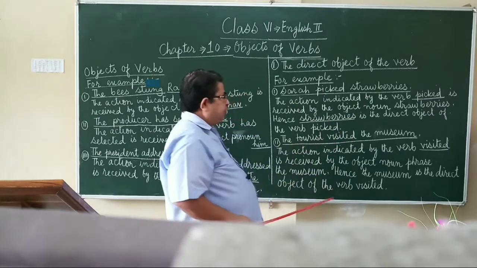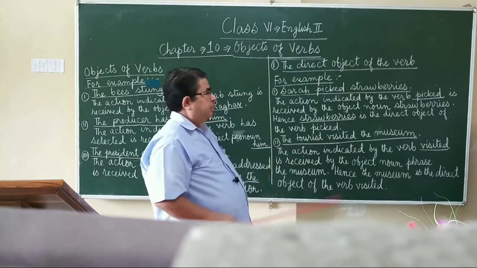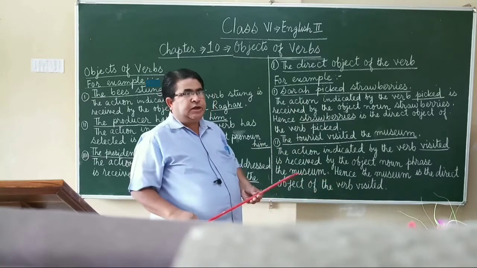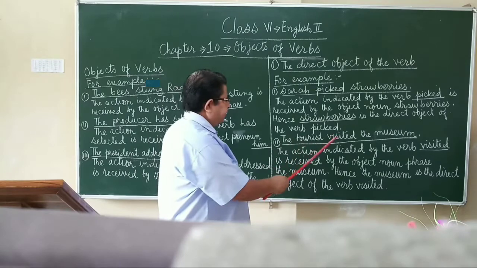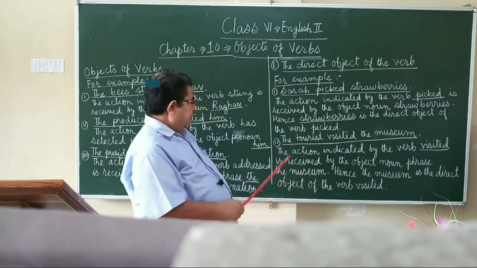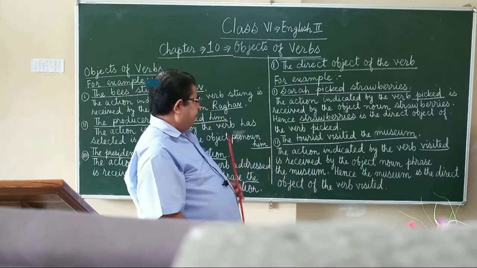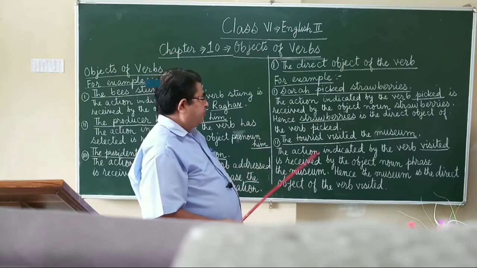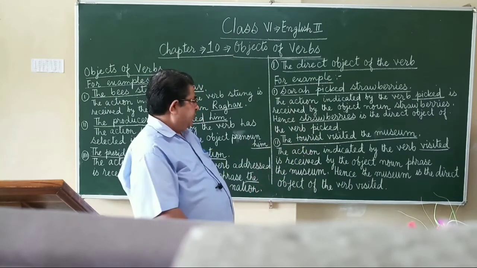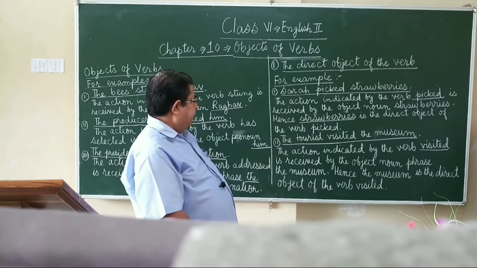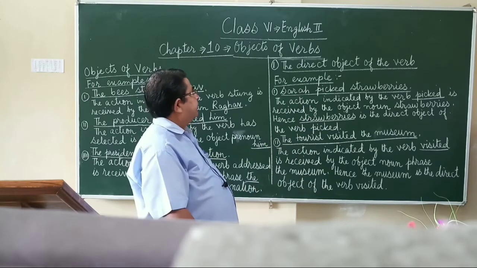Hence, strawberries is the direct object of the verb picked. You see the example number 2, the tourist visited the museum. The action indicated by the verb visited is received by the object noun phrase the museum. Hence, the museum is the direct object of the verb visited.